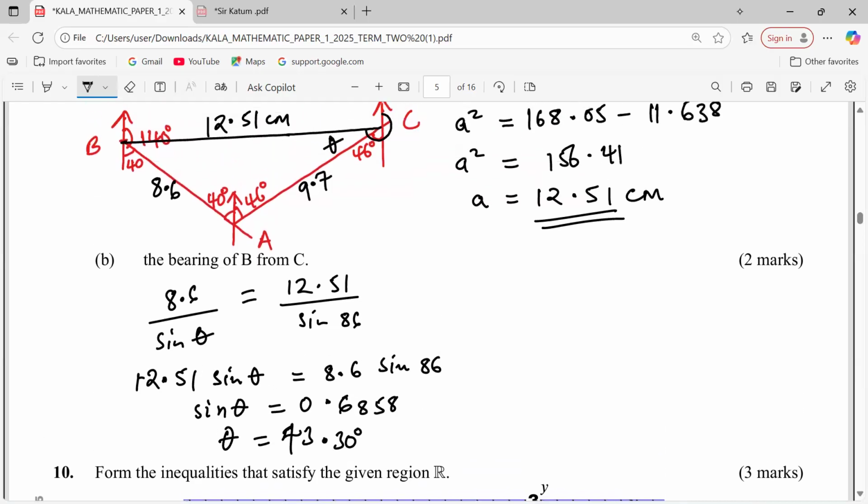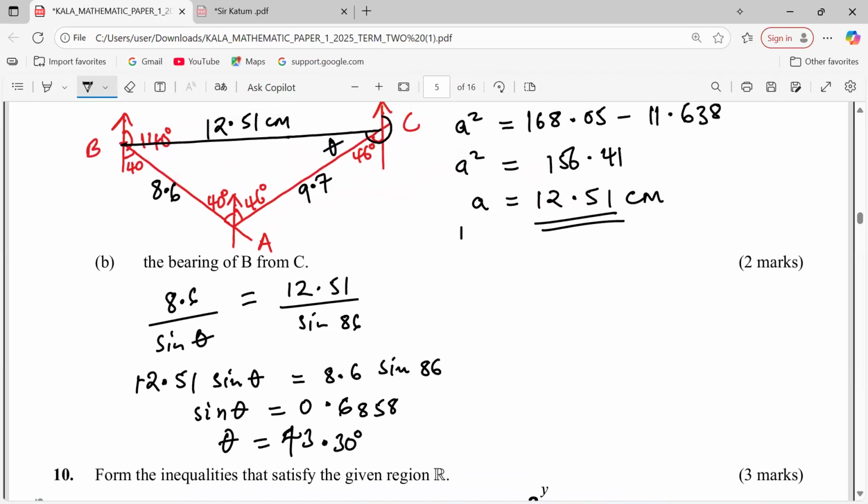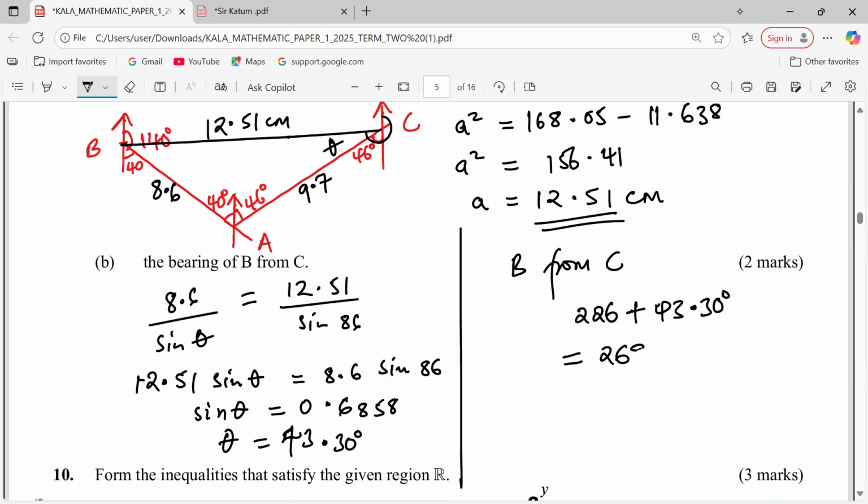With this value, now the total bearing of B from C shall be 226, and we are adding an angle of 43.30. So when we add 226 to that, we get 269.30. That's how such a point is worked out.